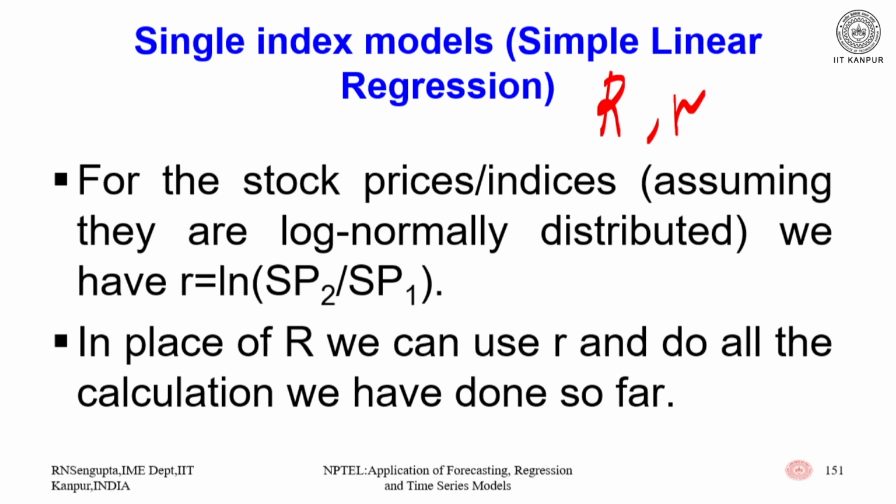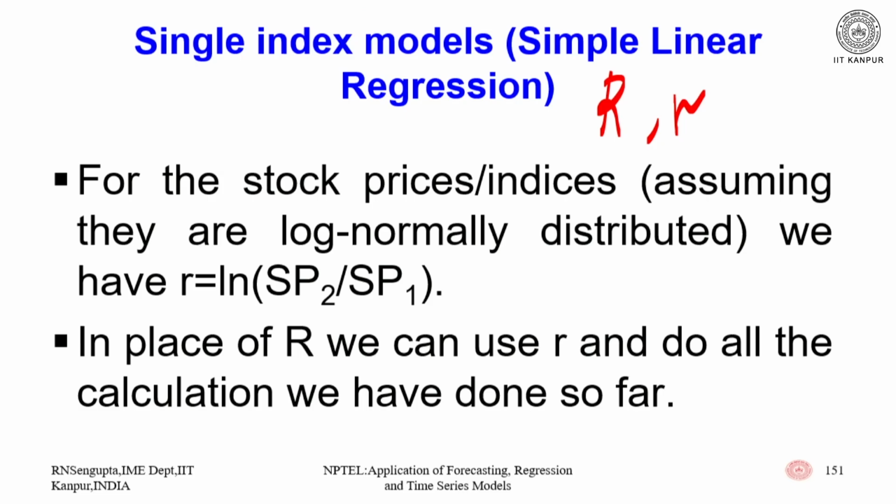Capital R is given by the ratio of P2 by P1, where P1 is the price for today, P2 is the price for the next time period, and small r has the denominator P1, while the numerator is the difference between P2 and P1. For stock price indices, assuming they are log normally distributed, we will consider r as not equal to P2 minus P1 divided by P1.